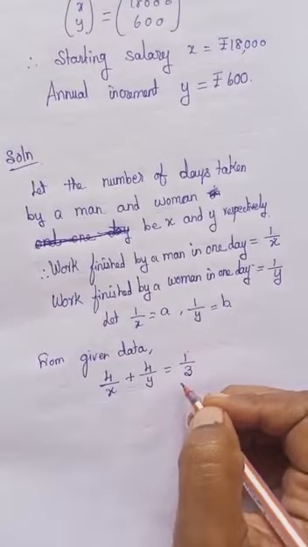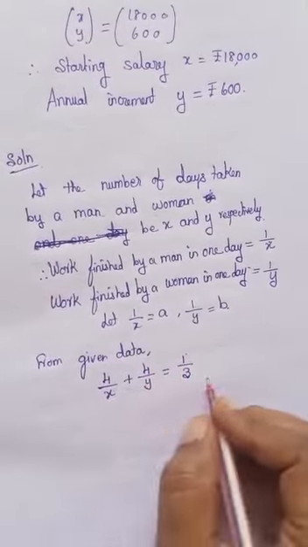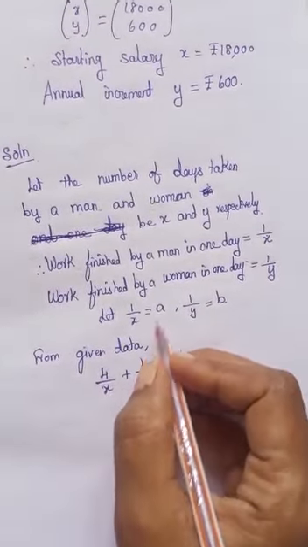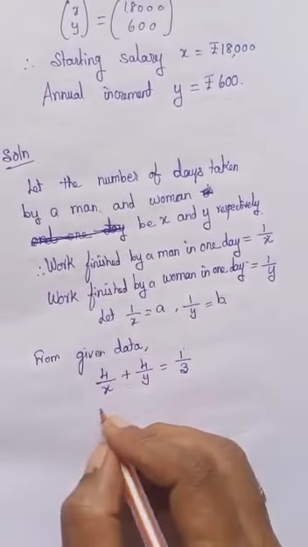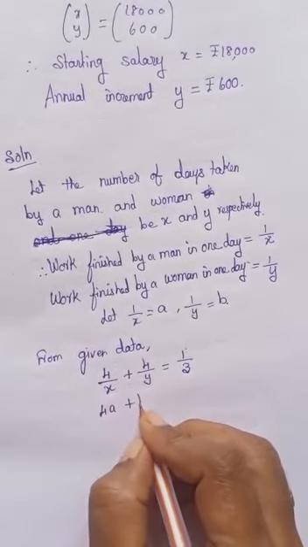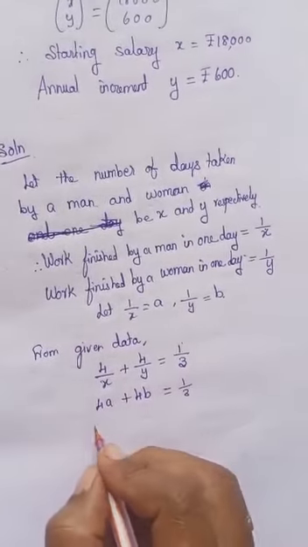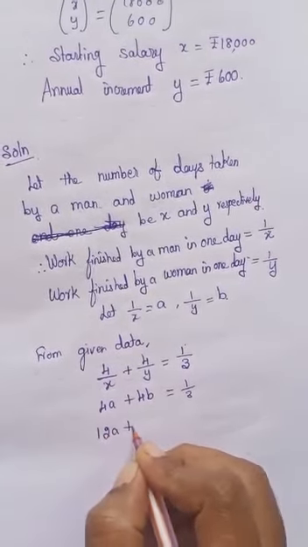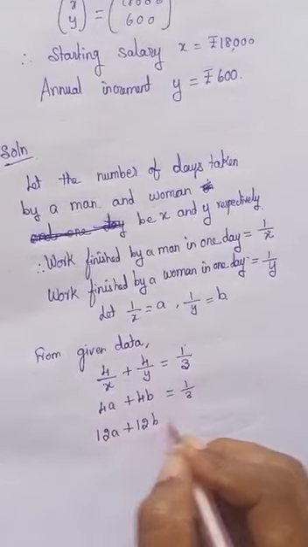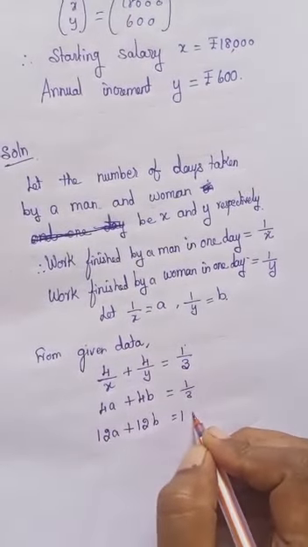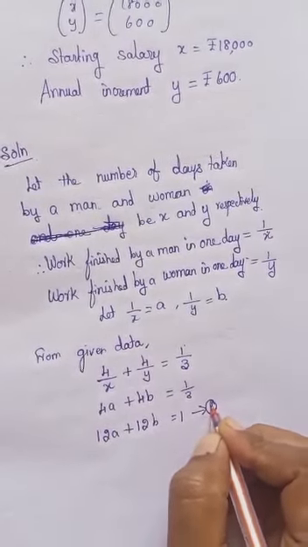Among 3 in 1 day they are completing. So this, when we write it, change it in a and b, we may get 4a plus 4b is equal to 1 by 3. Cross multiply, we may get 12a plus 12b is equal to 1. Okay, this is equation number 1.